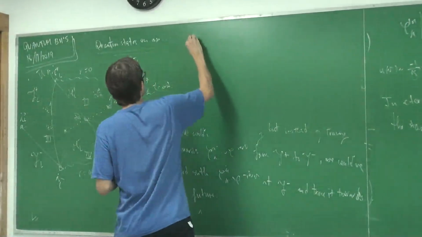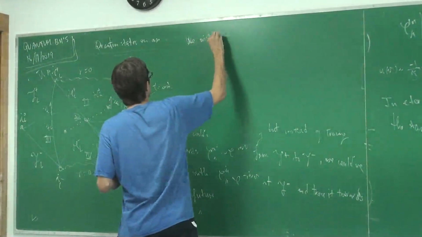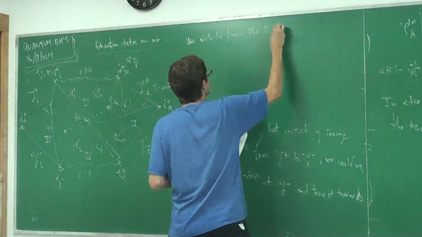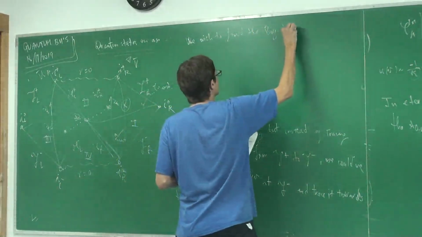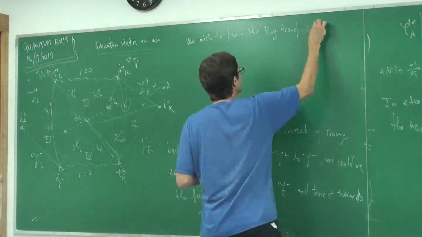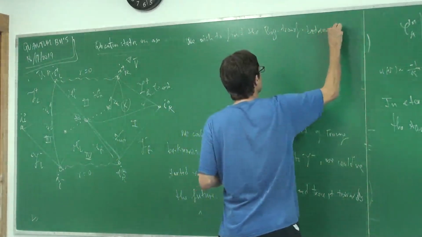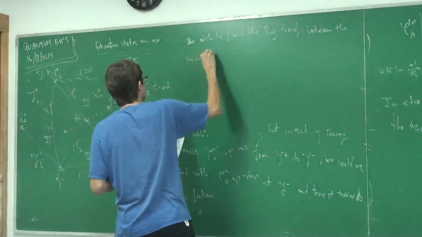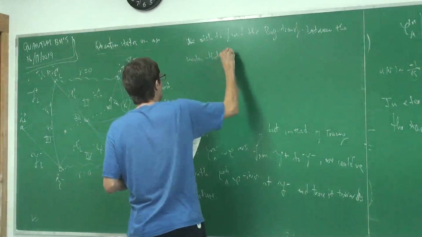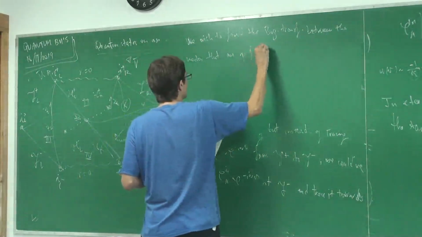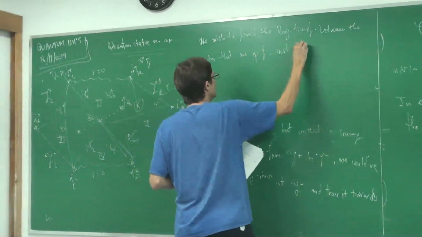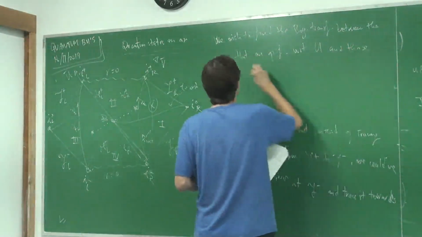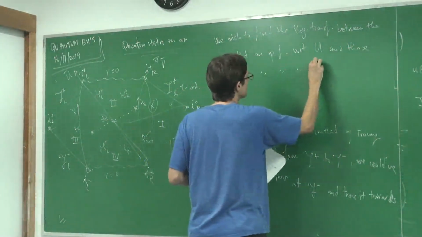So we wish to find the Bogoliubov transformation between the modes that are positive frequency with respect to u and those that are positive frequency with respect to t.